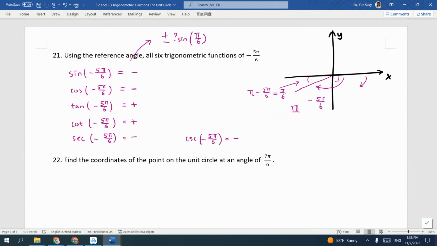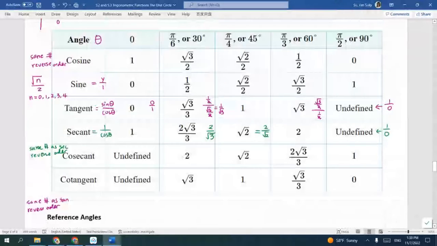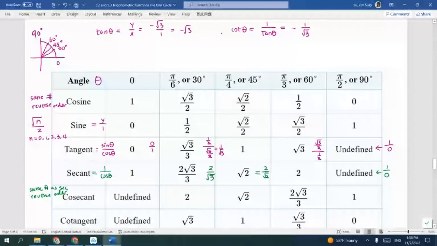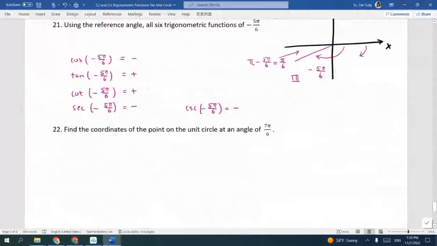And then the reference angle, pi over 6. So what's sine of pi over 6? Look at the picture, look at your table. Yeah, sine is 1/2. So negative 1/2.